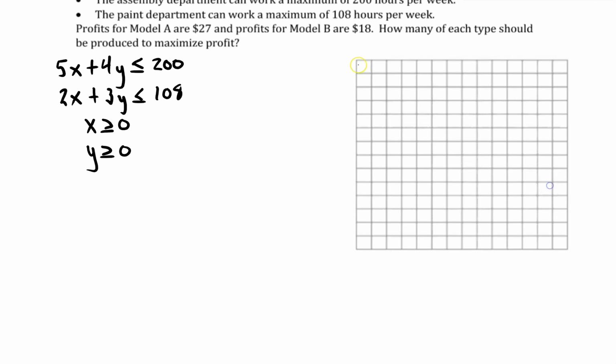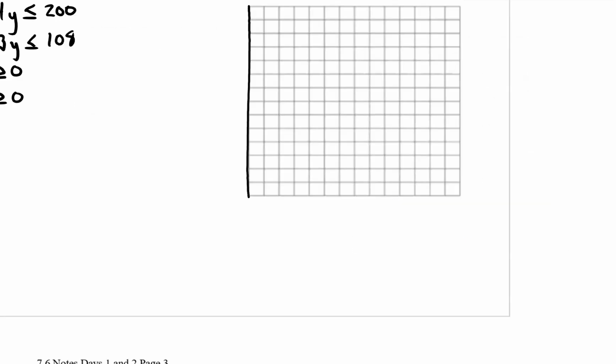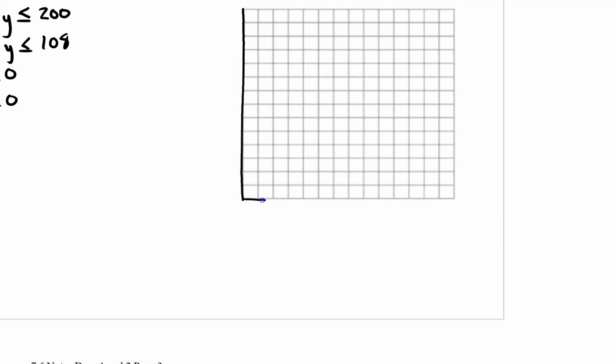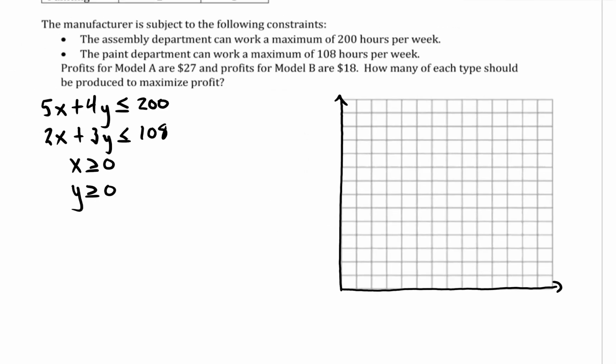I'm going to do exactly what I did before. I'm going to start with the x and y, and then proceed from here. I'm going to graph the first equation. If I put in 0 for y, I get 5x equal to 200, so x is 40.